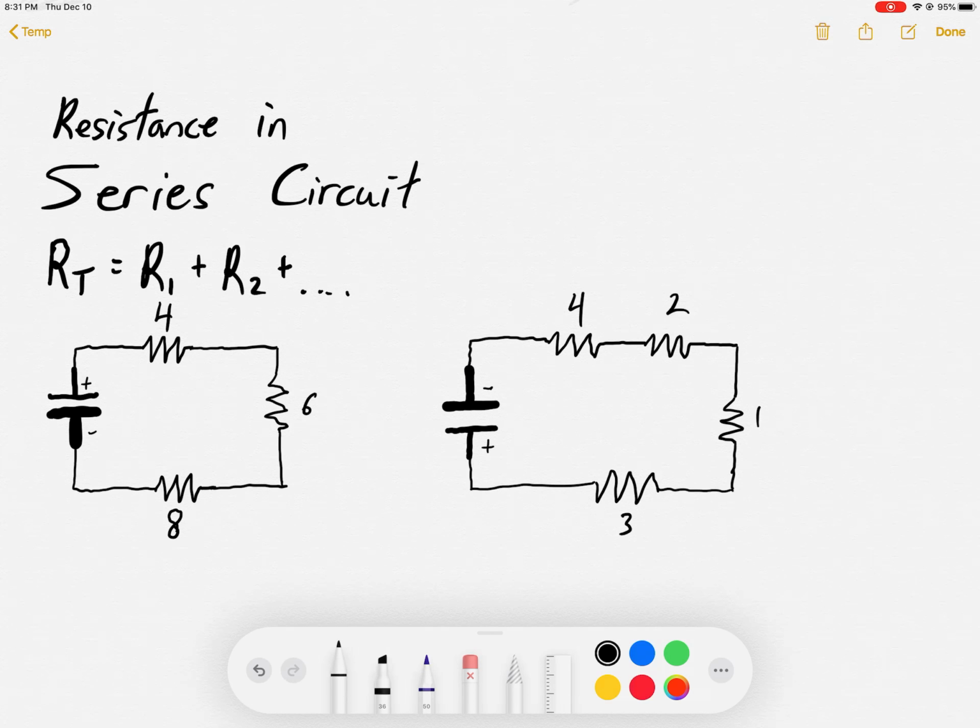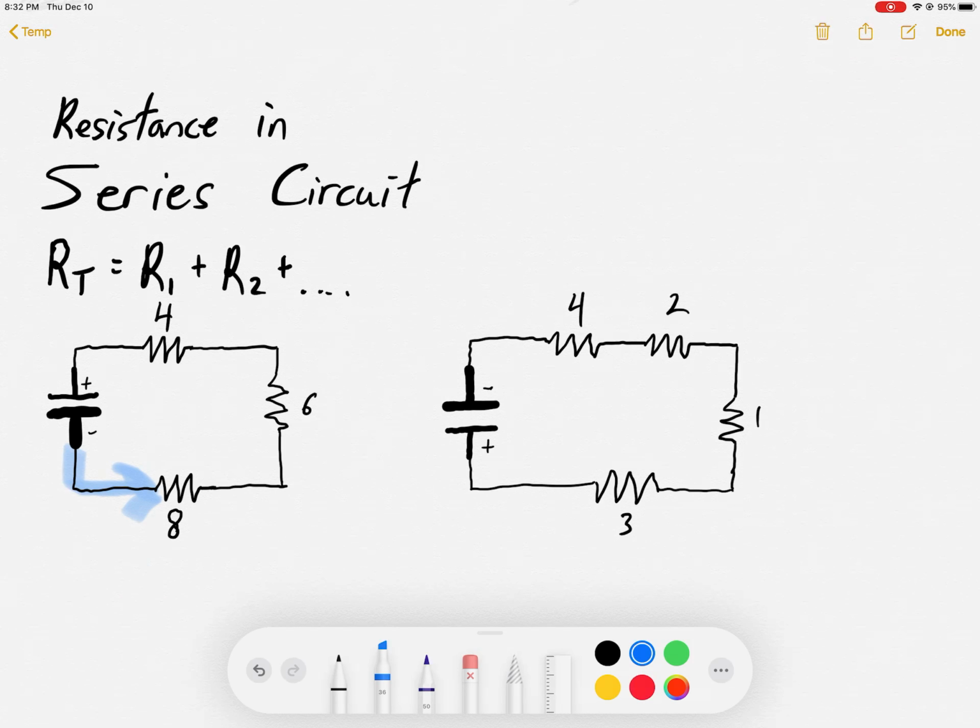Okay. So the next part, where you're doing calculations, is looking at resistance in a circuit. We've already talked about this some. The electron flow always goes from the negative end of the battery, if you're using a battery, and it's going to reach the resistor.